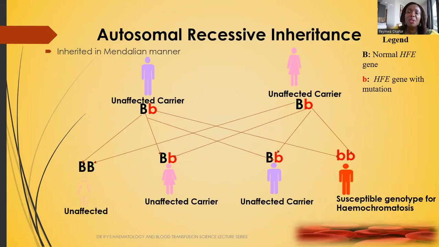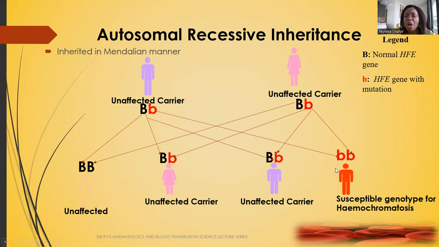Let us look at autosomal recessive inheritance. As shown on the slide here, these are the parents, both of them being carriers of the mutated gene. They have 4 offspring. One of the offspring does not have any form of the mutated gene, so it is unaffected. Two offspring are carriers, having one mutated gene each.